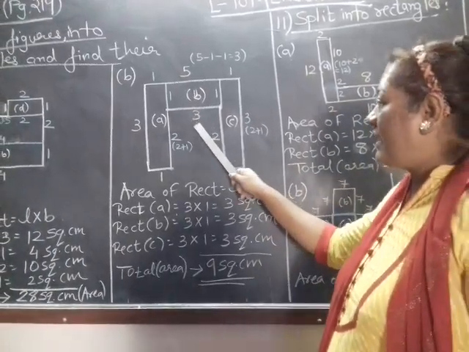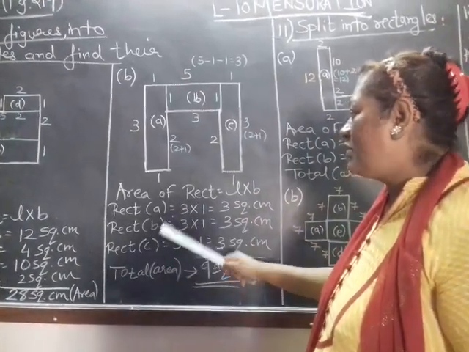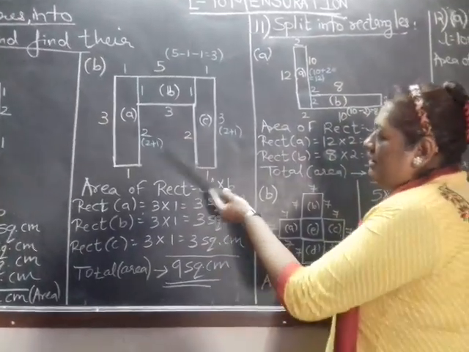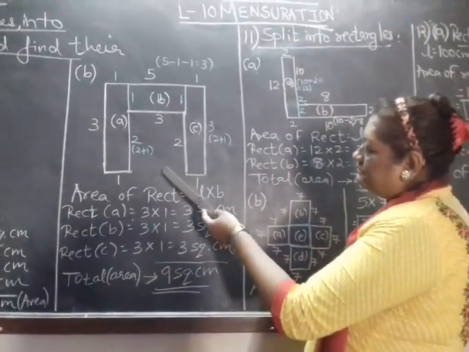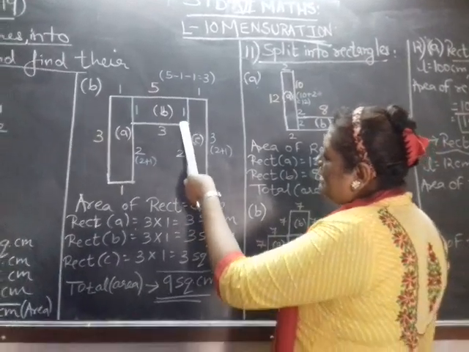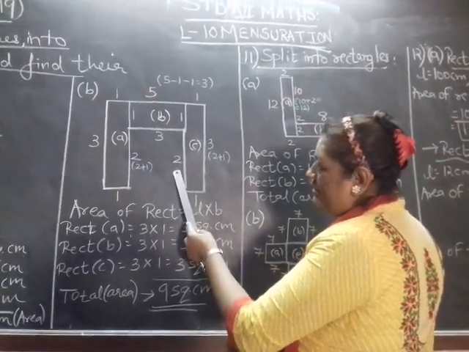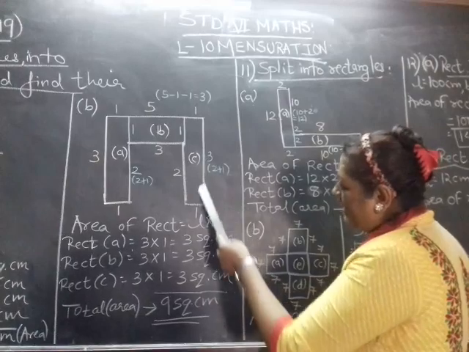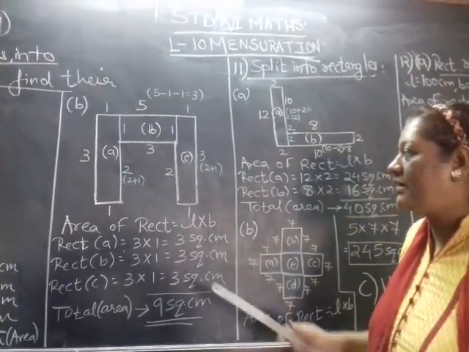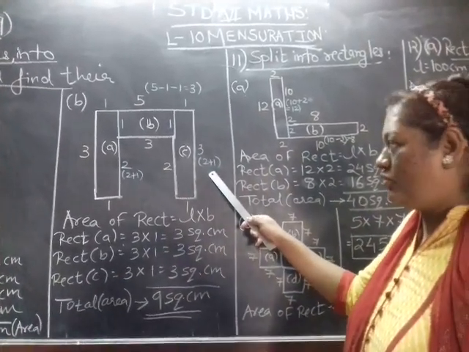Now about rectangle C, first I will come to C to make it clearer. Here, if rectangle C, this is again 2 centimeter, right? So it cannot be, and this whole rectangle is of length 3 centimeter. So can it be possible? No, it is not.